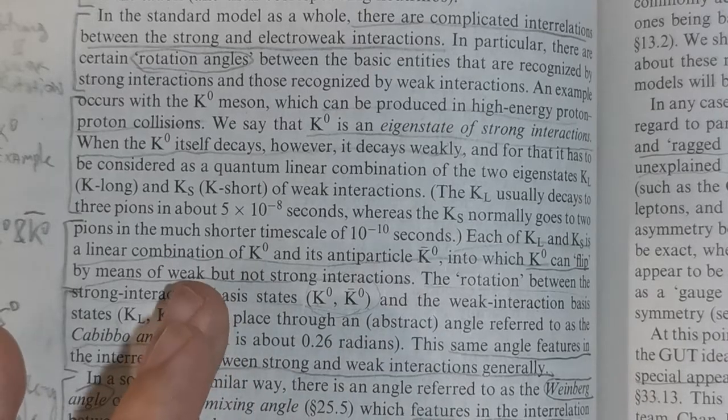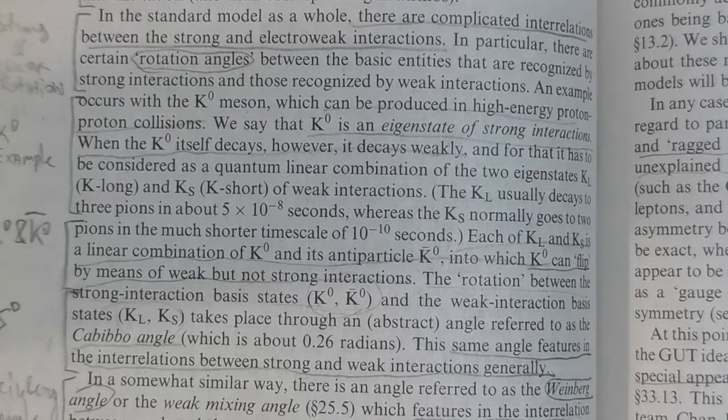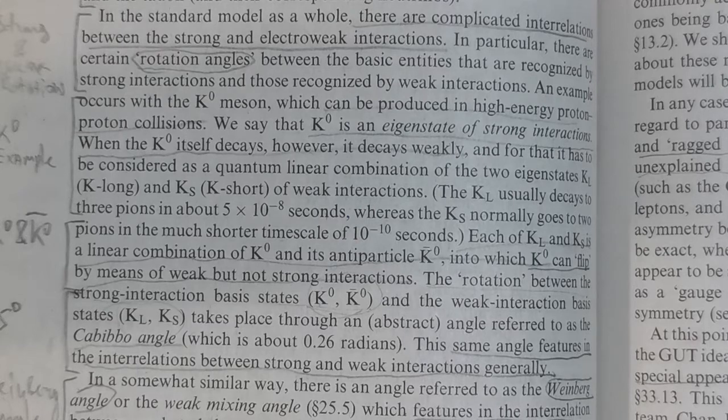And we have a similar angle which features in the interrelation between weak and electromagnetic interactions and forms an integral part of the electroweak theory. It's called the Weinberg angle, or the weak mixing angle.